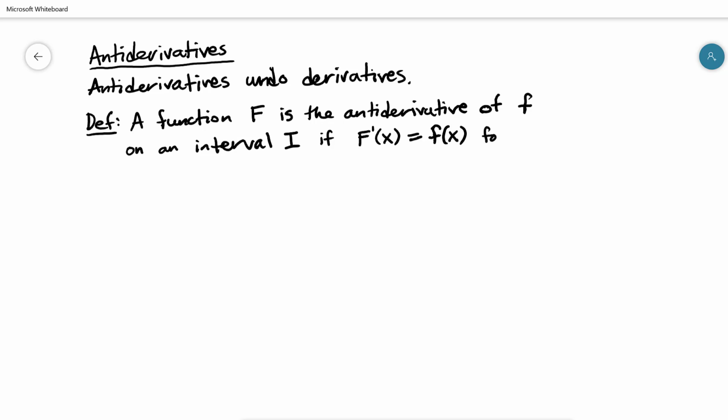So for all x that belong to that interval I.